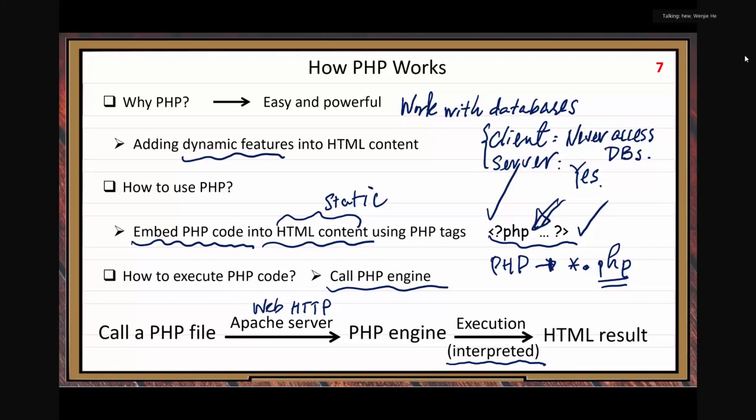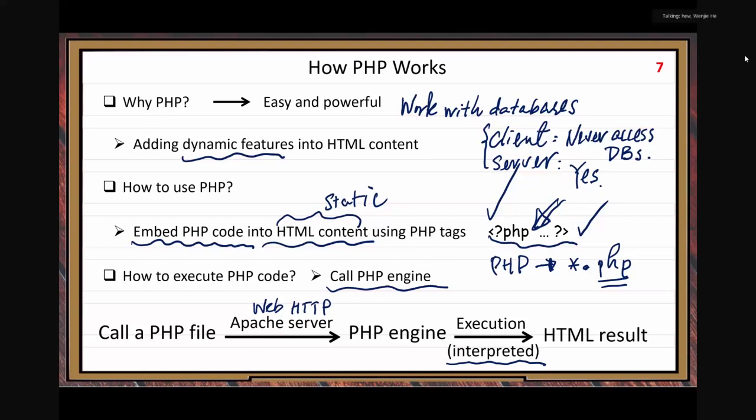The output result should usually be HTML content, because eventually the processing result will be returned to the users, who use web browsers to view it.